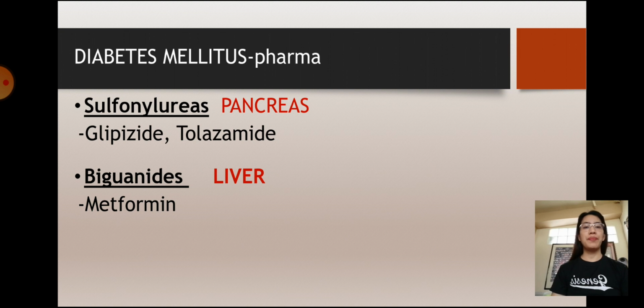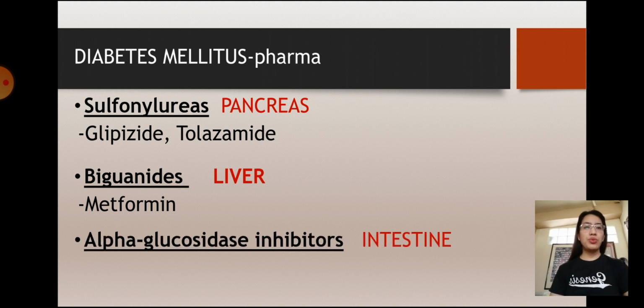Okay? Another kind of drug being given to DM type 2 patient, we also have your alpha glucosidase inhibitor. Ang effect naman niyan is on our intestine. Alam natin lahat na ang intestine, specifically your small intestine, dyan nangyayari ang final absorption of nutrients. So, kapag nagtitake ka ng alpha glucosidase inhibitor, inhibit niya muna or i-delay niya muna yung absorption ng carbohydrates.